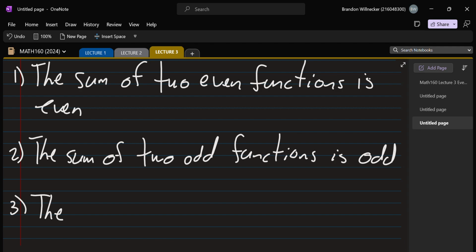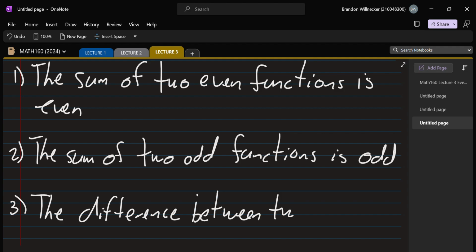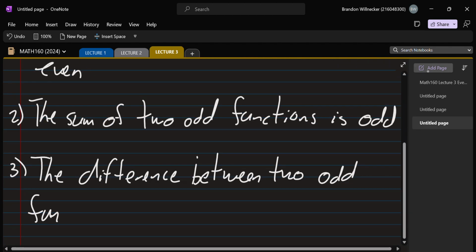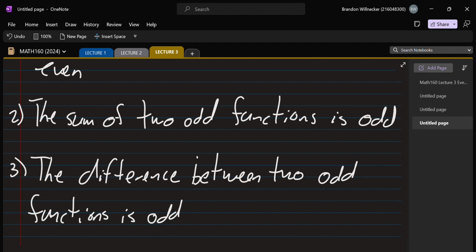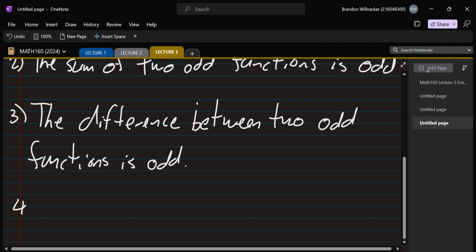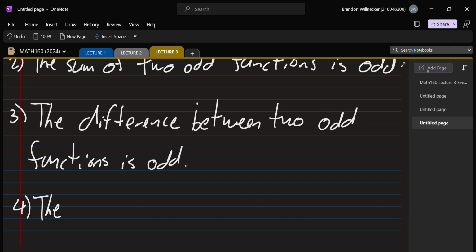The difference between 2 odd functions is odd. Number 4, the difference between 2 even functions is even.